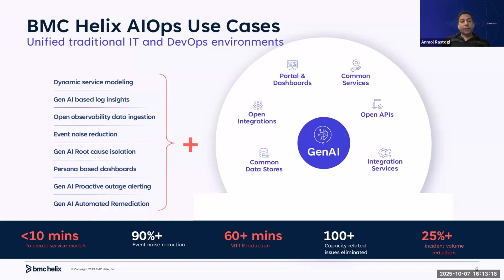With full coverage, I mean to say that they started to ingest logs, they started to ingest metrics from all of their environment, all of their infra, and then it helps them to reduce the mean time to repair for a particular problem by more than 60 minutes, right?